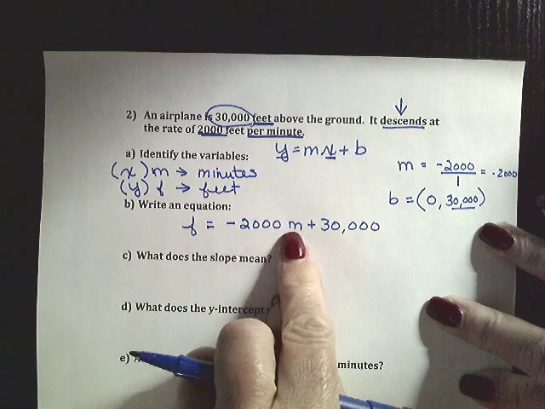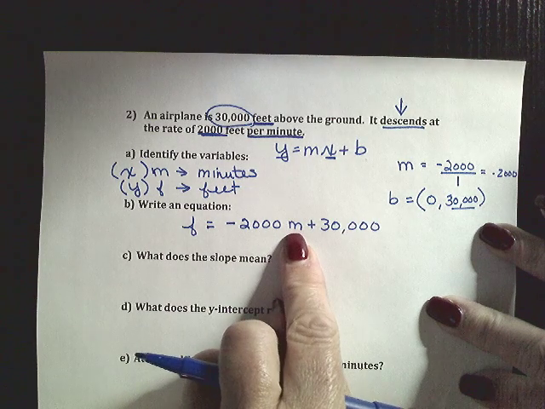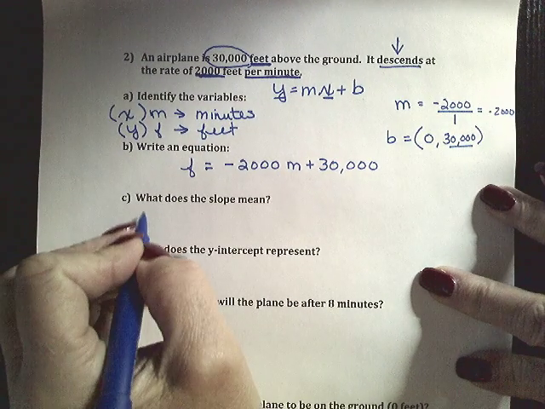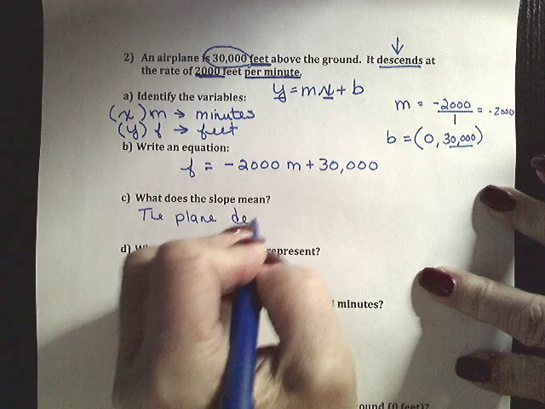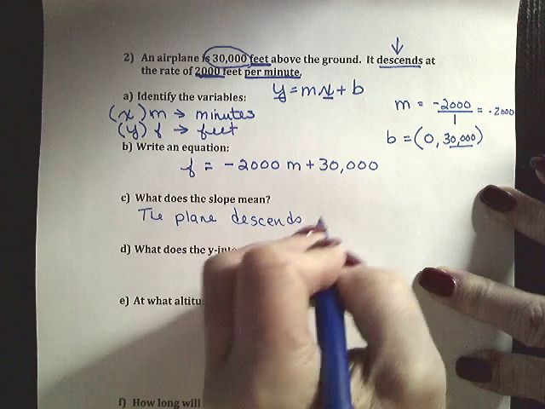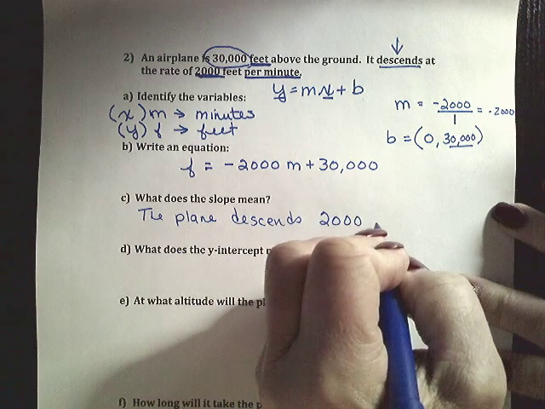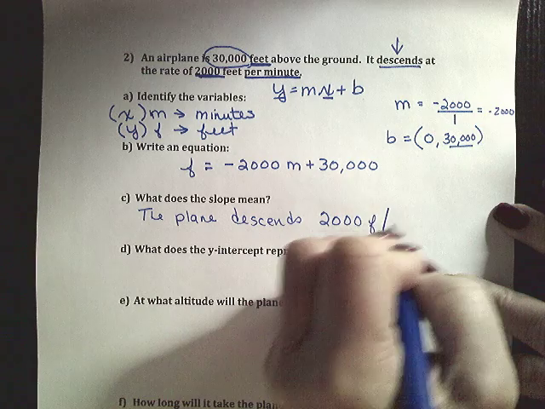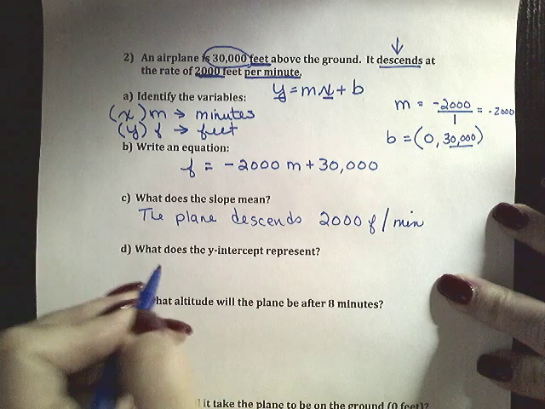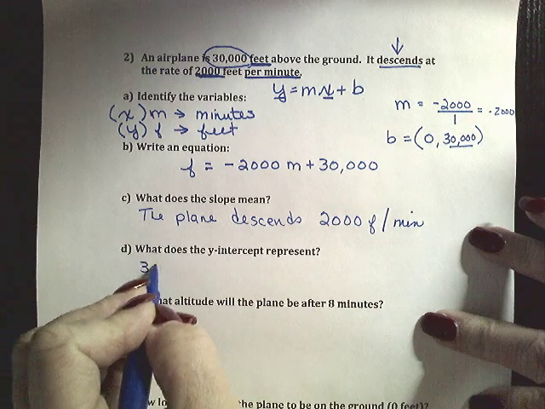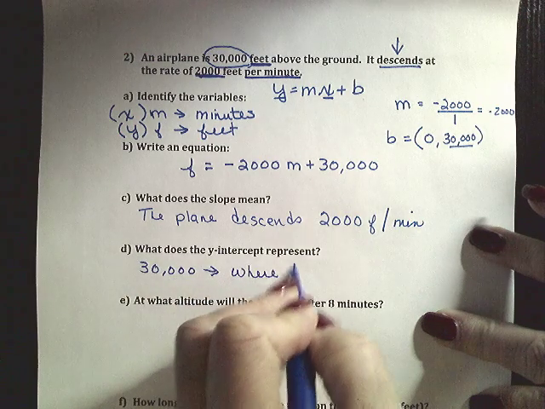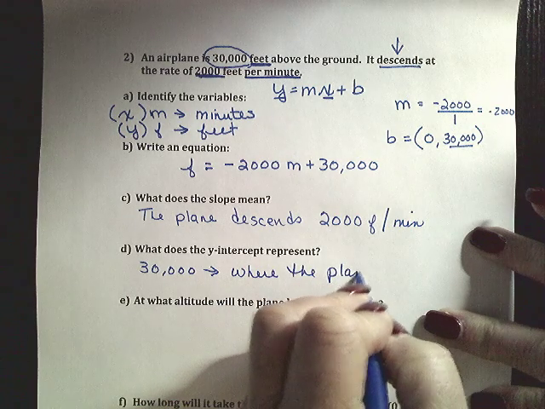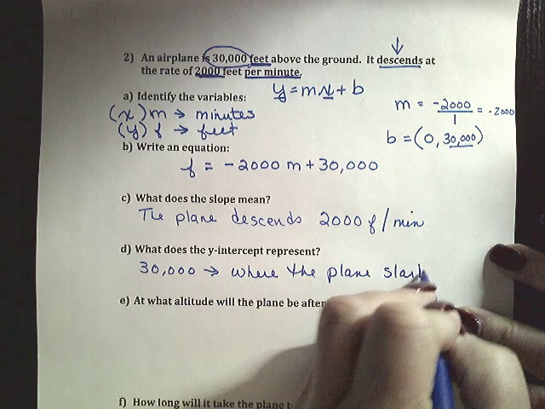So it's going down 2,000 each time. What does the slope mean? The slope means that the plane descends 2,000 feet per minute. And what does the y-intercept say? That's 30,000. That is where the plane starts, its initial starting point.